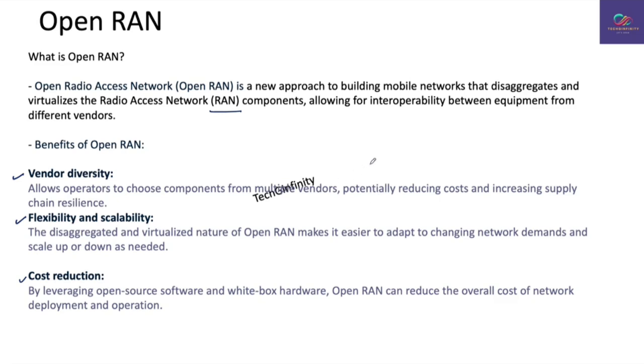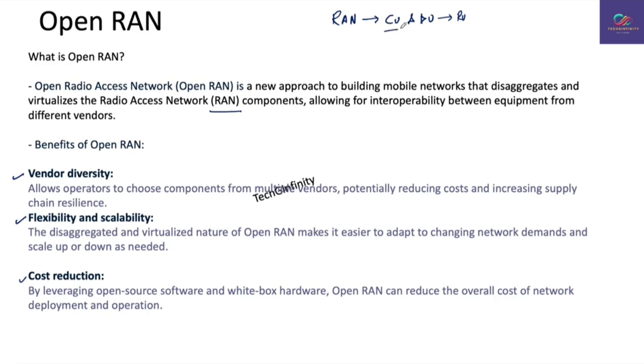If you are aware of the RAN network, as per 3GPP specification, RAN has been disaggregated into CU and DU, that is centralized unit and distributed unit, and then it is connected to your radio unit. This is what RAN consists of, and it comes from the 3GPP specifications.